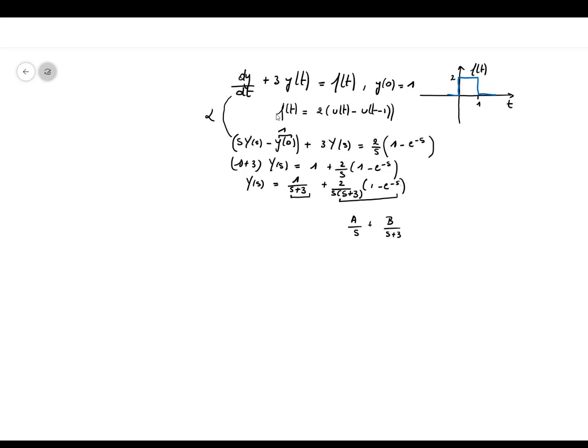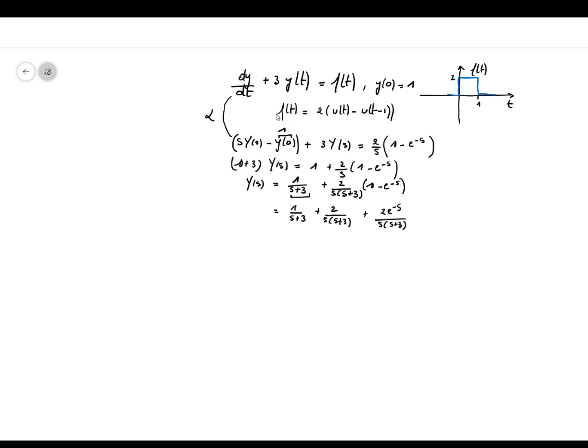Okay, so you have to kind of rewrite this as follows when you group all the terms that involve e to the minus s. So you can write it like this: 1 over s plus 3 plus 2 over s times (s plus 3) times the 1 over here, and then plus 2 e to the minus s over s times (s plus 3).